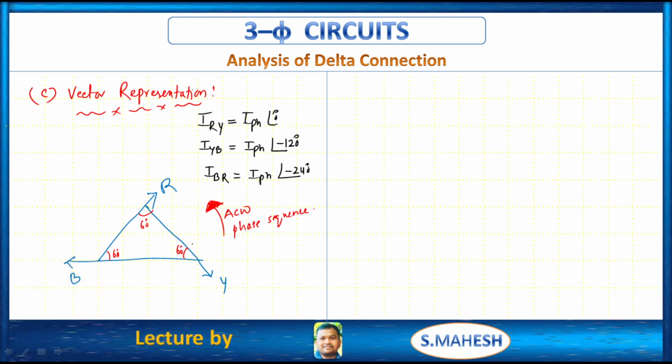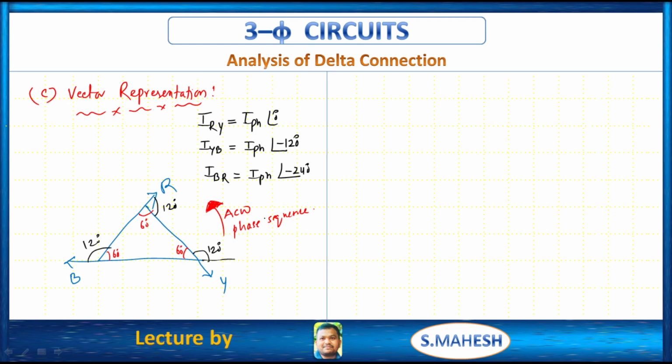Obviously the angle between these two is 120 degrees, and between these two is 120 degrees. Between R and Y is 120, between Y and B is 120, between B and R is 120. So it is very confusing to draw the phasor diagram in delta manner.